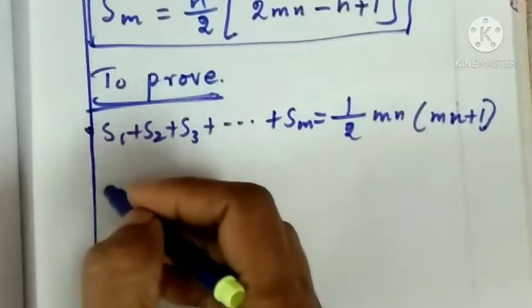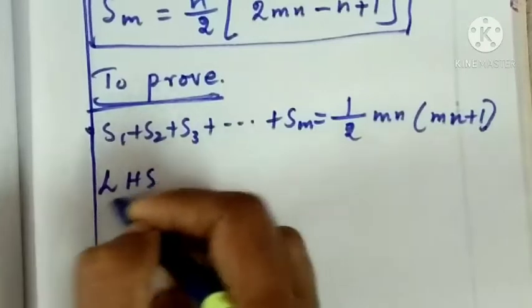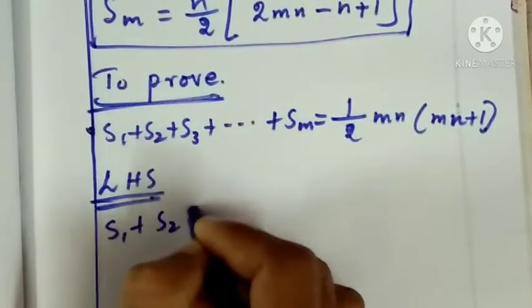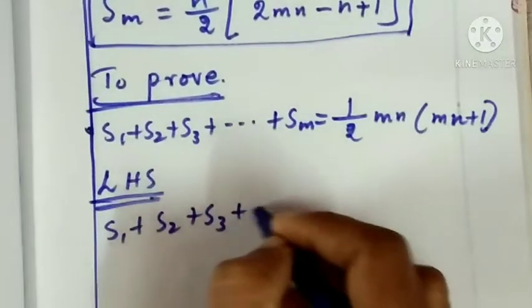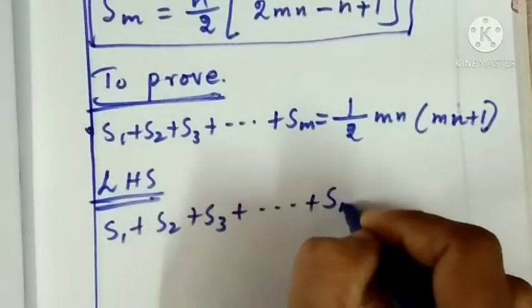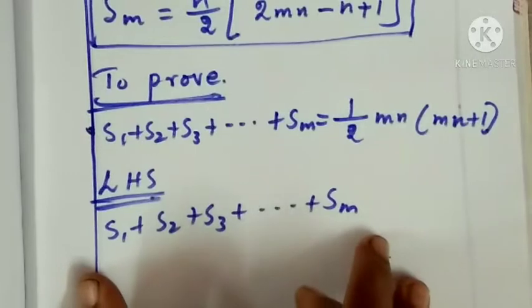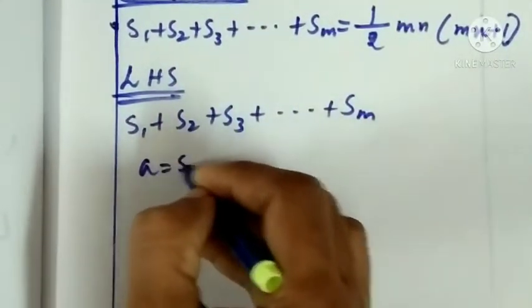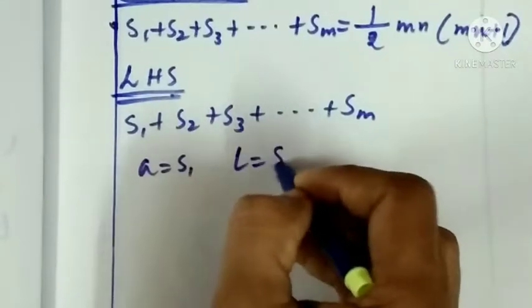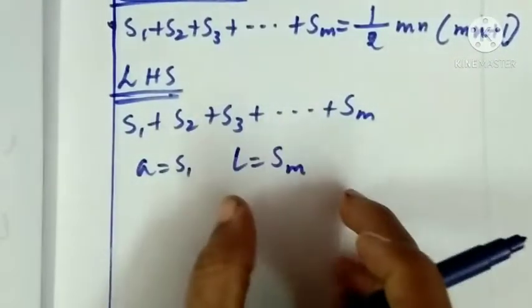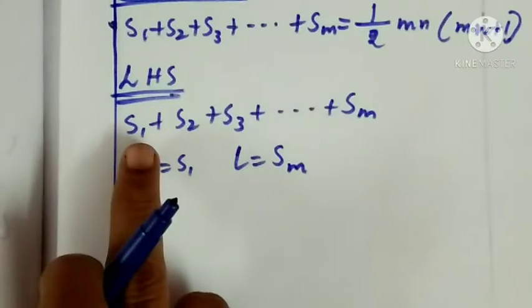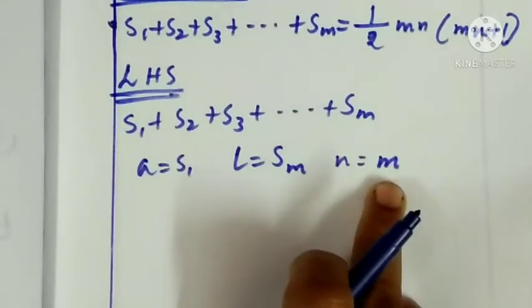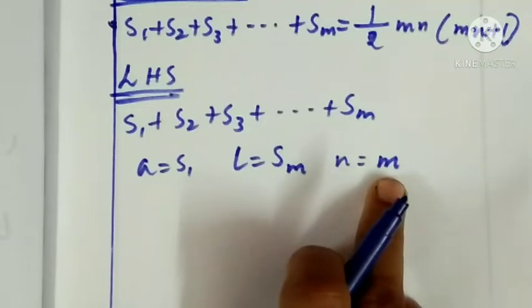Here first we take the left hand side, that is S1 plus S2 plus S3 up to Sm. Here we need to find the sum. We know that a is equal to S1, l is equal to Sm. The number of terms starts from the first term, so here n is m terms.